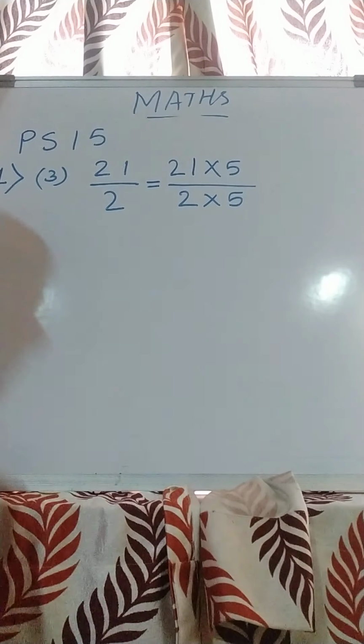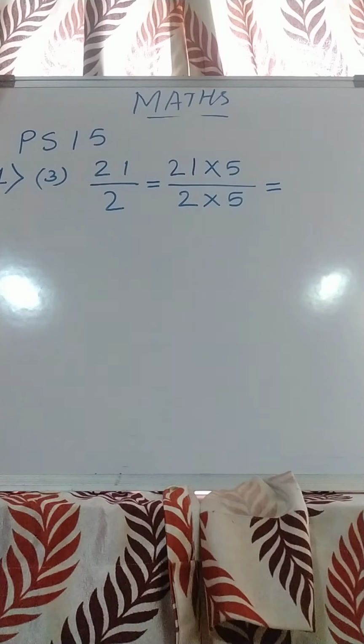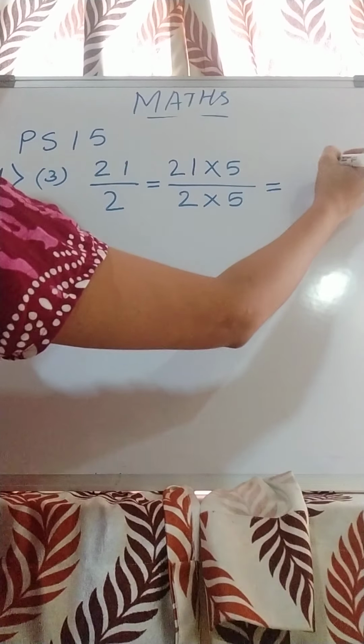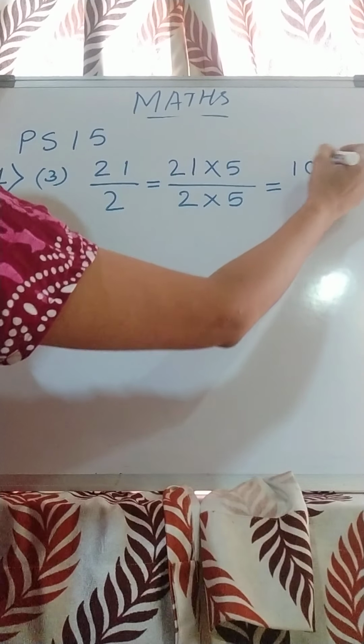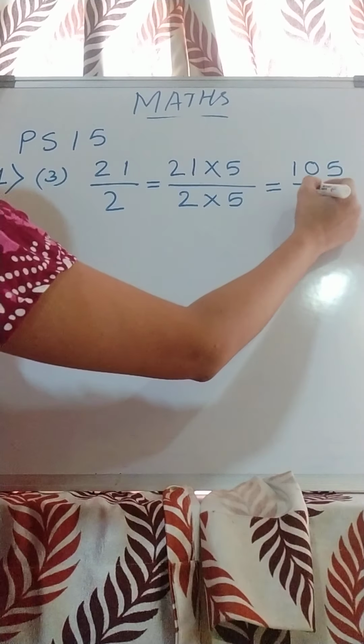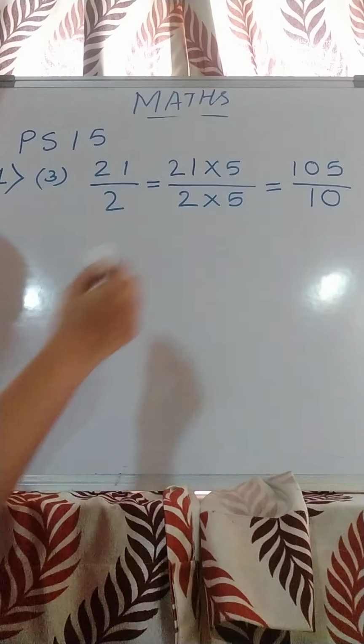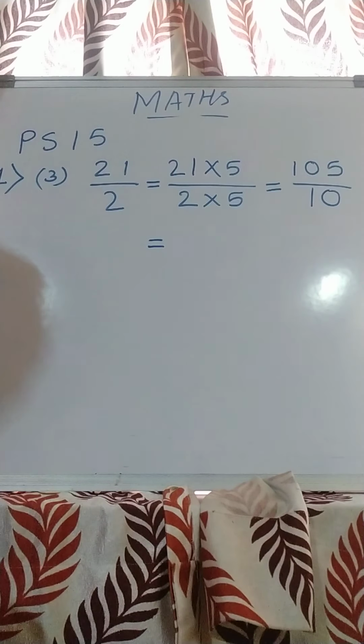So, 21 5s are 105 and 5 2s are 10. This is my common fraction form of 21 upon 2.